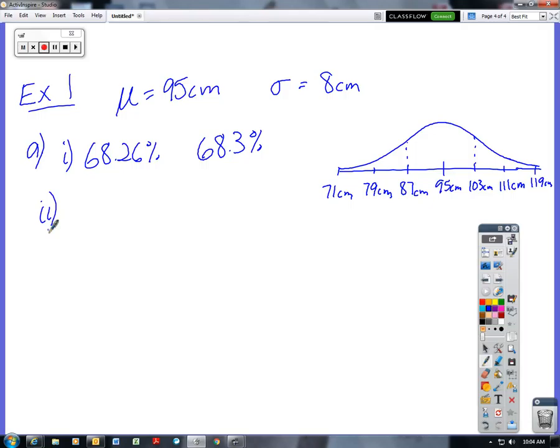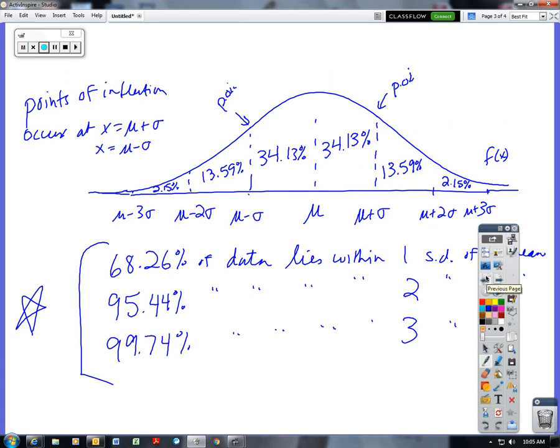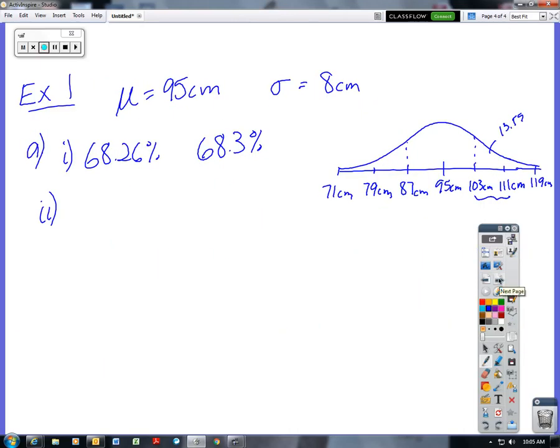Second one. Between 103 and 111. Oh, that's this little guy here. Of course, I just made this picture on the other side, so I remember it was 13.59%, right? If you go back right to here, I'd given us that information as 13.59%. I really ought to go look at that formula sheet and see what they tell you.